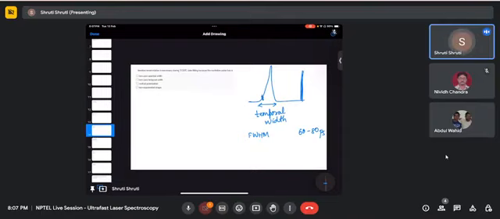So this is again a numerical question. The question is, a fluorescence decay is fit to a tri-exponential function. So now you have a sum of three single exponentials. Okay, tri-exponential.